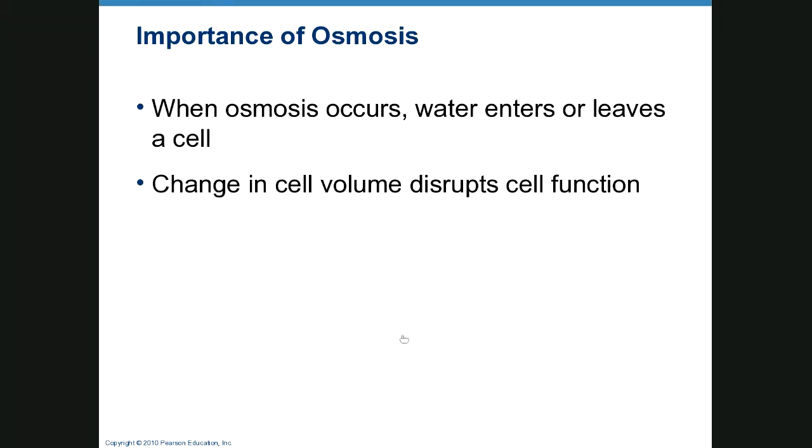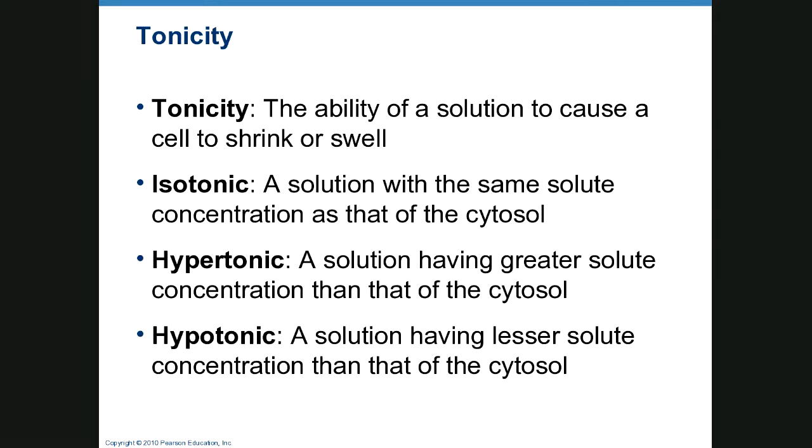With osmosis, water enters or leaves the cell, and if you change the volume of the cell, you disrupt the cellular function. Now, several terms we have here. Tonicity: the ability of a solution to cause a cell to shrink or swell. If a solution is isotonic, it has the same solute concentration as that of the cytosol, so water neither goes in or out.